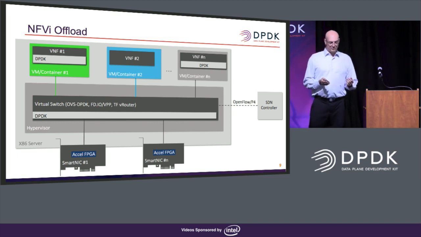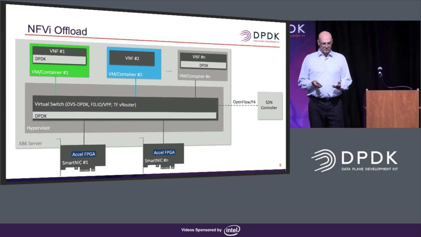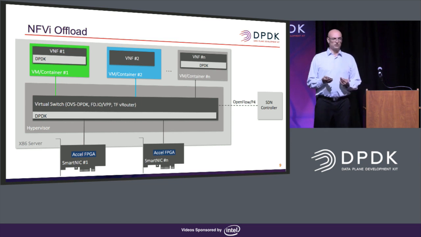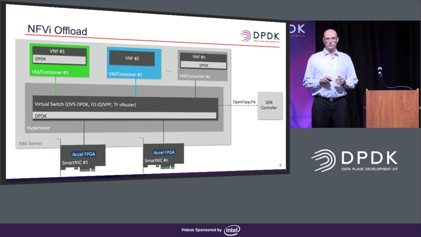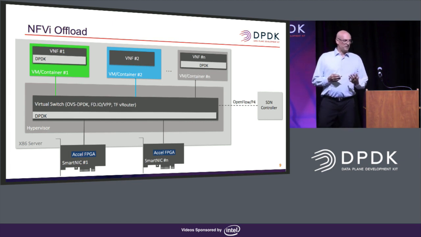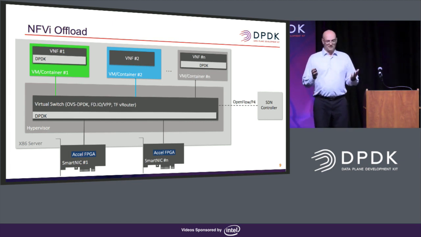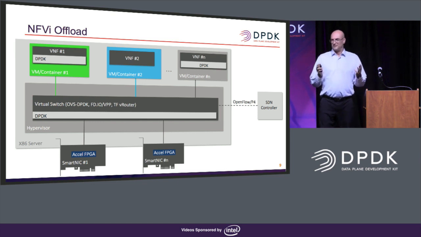For this, you usually have to put in a virtual switch. The usual virtual switches you use are OVS DPDK, the FD.io VPP, or the Tungsten Fabric virtual routers. Those are the most common, but the problem is that they eat up CPU resources. Let's assume you have high processing requirements.